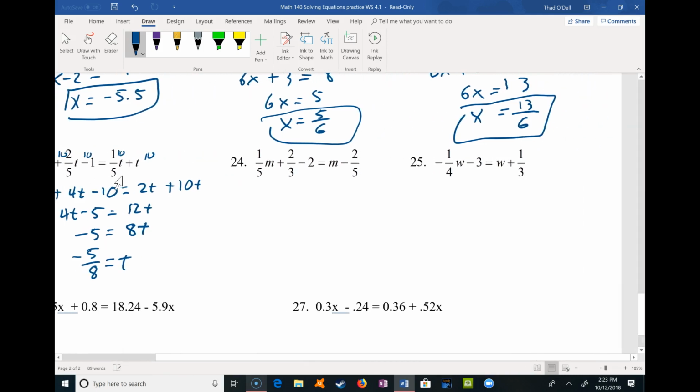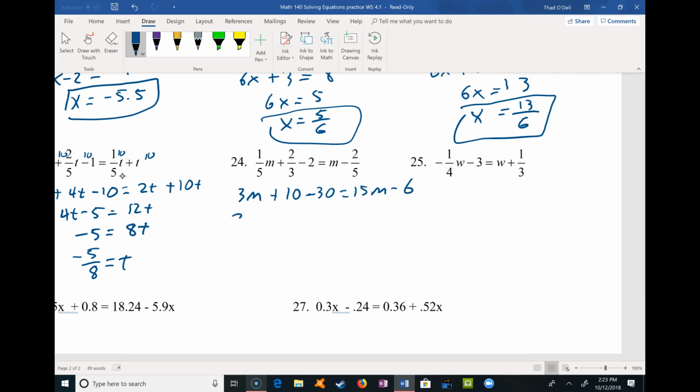Okay. Common denominator here is 15 this time, so multiply everything by 15. So that would be 3m plus 10 minus 30 equals 15m minus 6. Simplify. 3m minus 20 is equal to 15m minus 6.